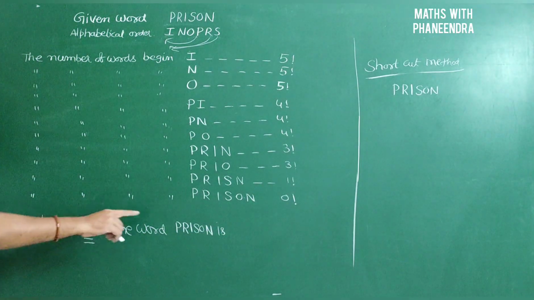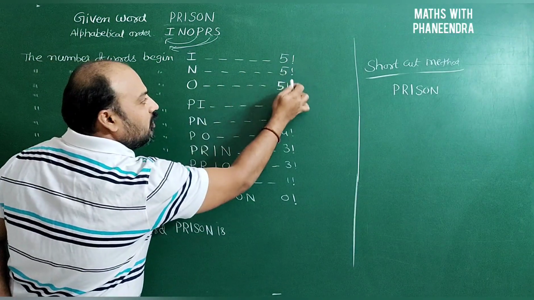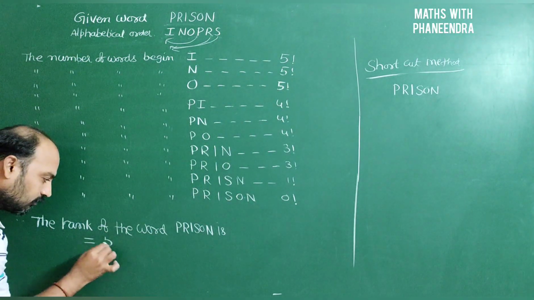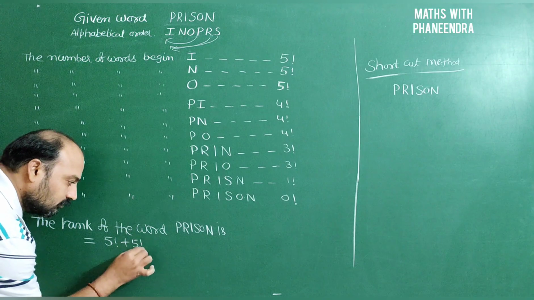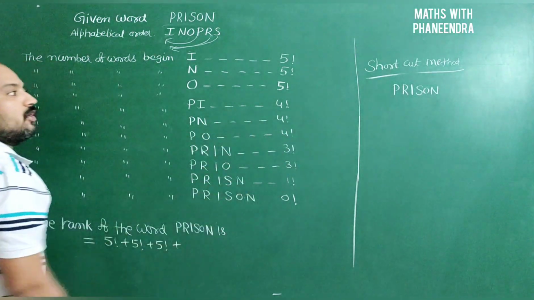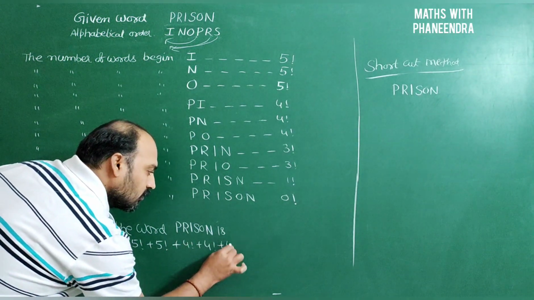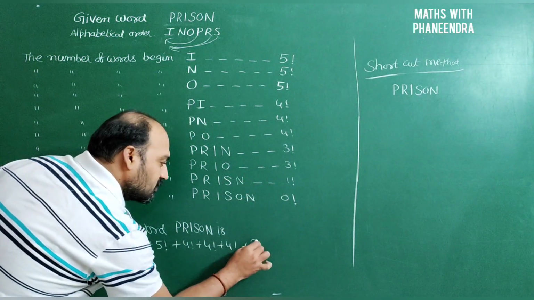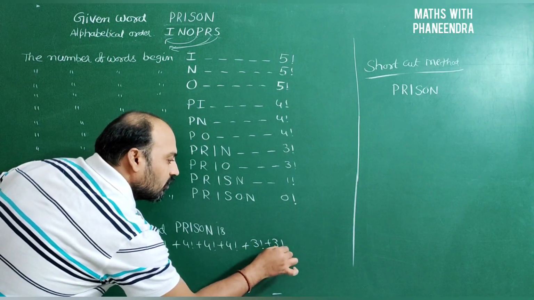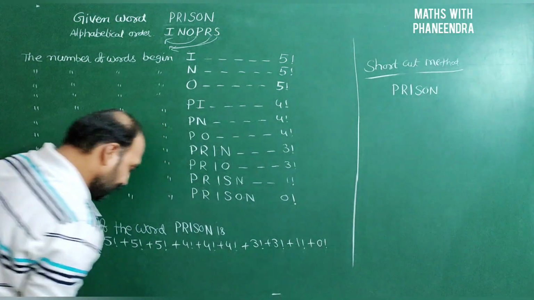So the rank of the given word prison is 5 factorial plus 5 factorial plus 5 factorial, plus 4 factorial plus 4 factorial plus 4 factorial, next plus 3 factorial plus 3 factorial, plus 1 factorial plus 0 factorial.